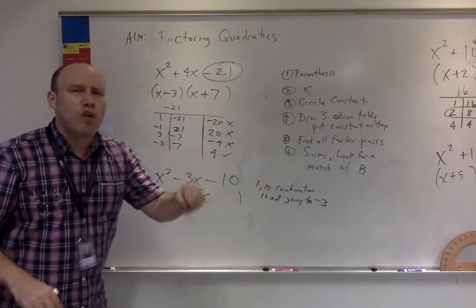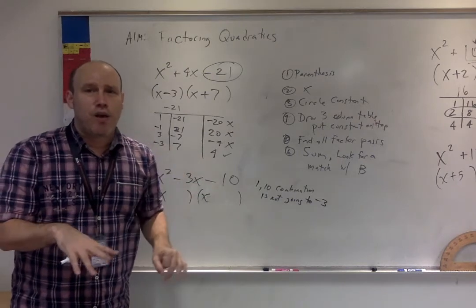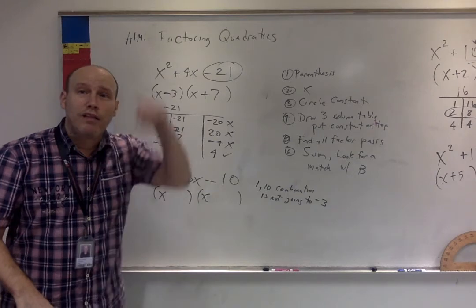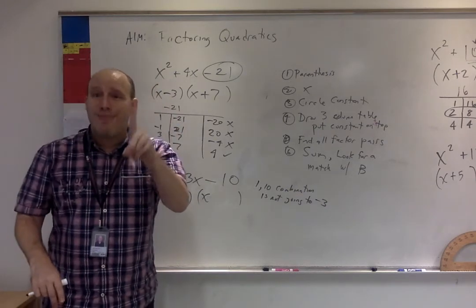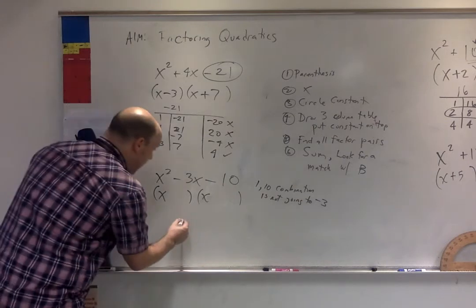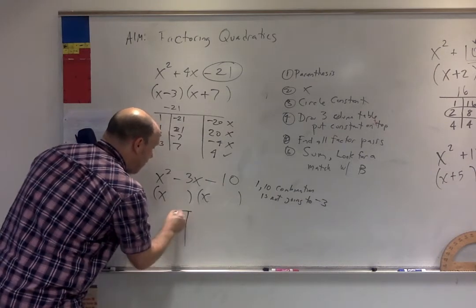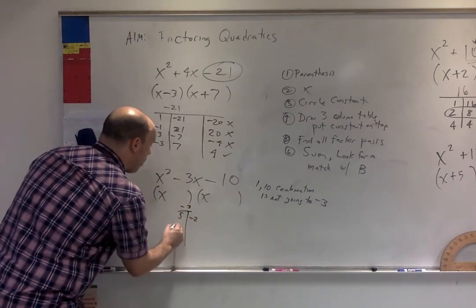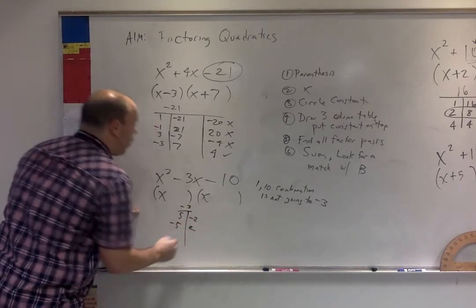But 10 minus 1 or 1 minus, that's not getting you to 3. But you look at 10 and you say, oh, it's 5 times 2, a light bulb goes off. You're like, wait a minute, that's getting me to 3 or negative 3. So in the table, for negative 3, just write 5 and negative 2 or negative 5 and positive 2.